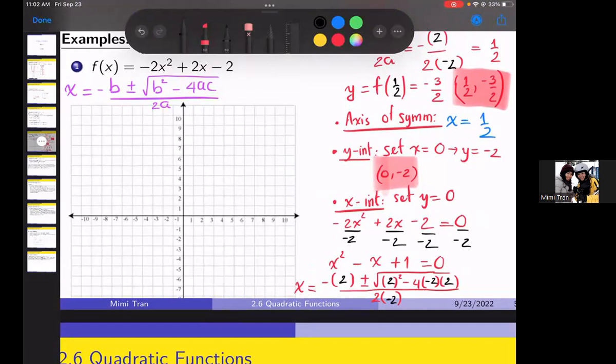The first thing I look at is under the square root, and I can tell you that there's no x-intercept.